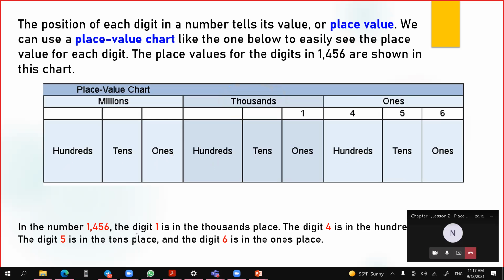Now, what do we have here? We have this number, 1,456. Now, look at number 1 here. Where's the place of number 1? Where does it live? Does it live in hundreds, or in tens, or in ones, or in 1,000?